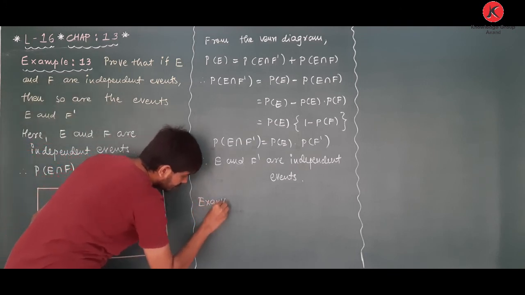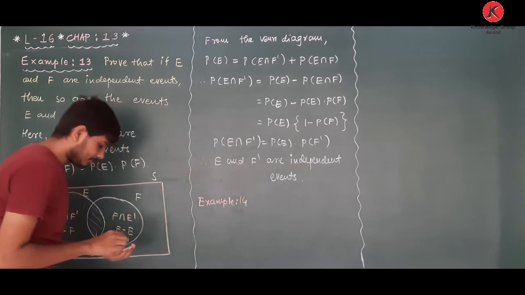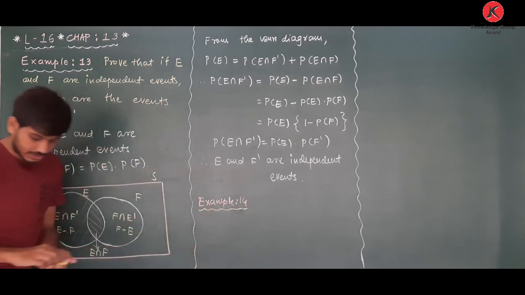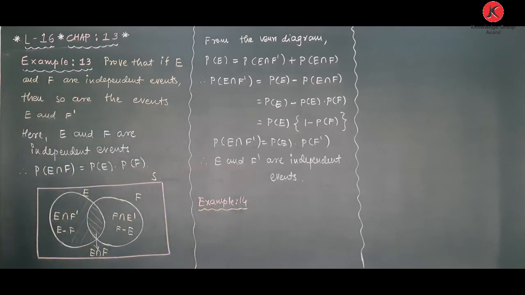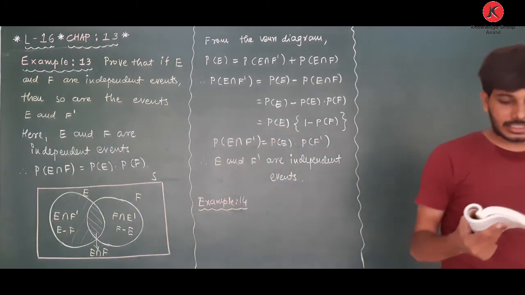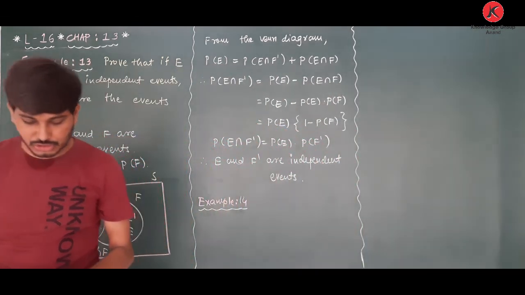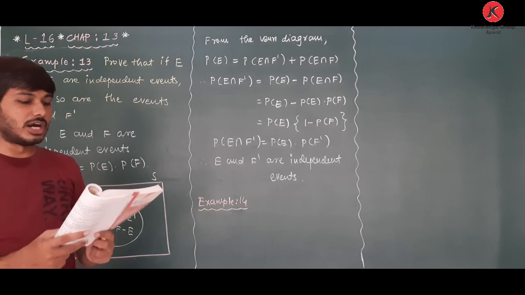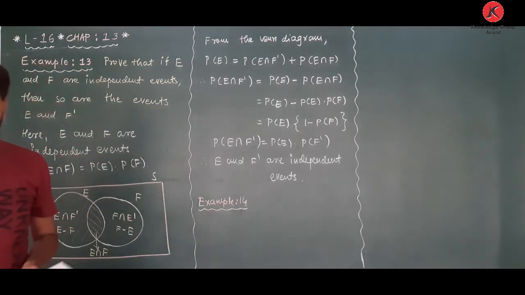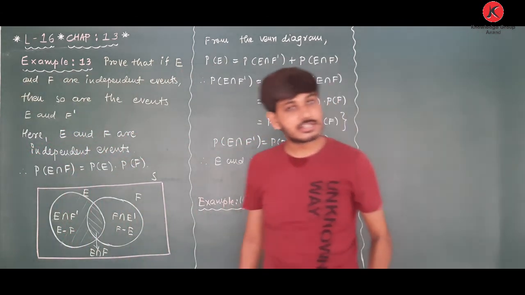number 14. Okay, this much we will do today. Example 14, let us see what is given in the data. It is given that if A and B are two independent events, then the probability of occurrence of at least one of A and B is given by 1 minus probability of A dash into probability of B dash.